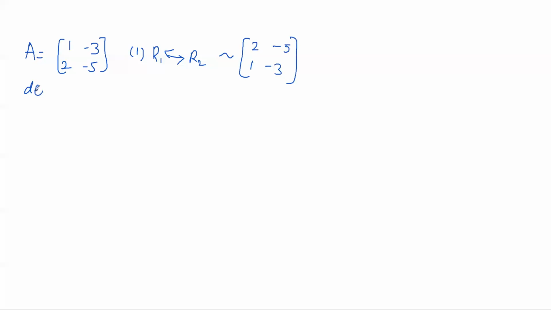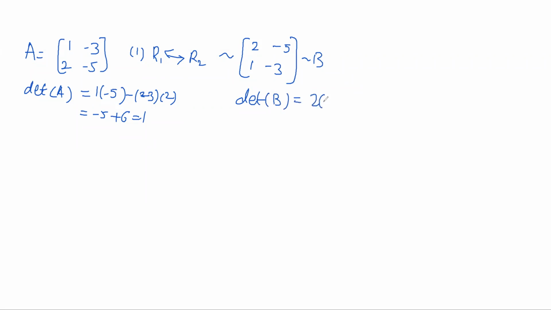So what is the determinant of A? That will be 1 into -5 minus 3 into 2, so it is -5 plus 6, so it is 1. And suppose this is B, so the determinant of B will be 2 into -3 minus -5 into 1.